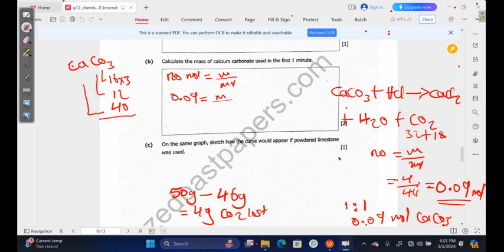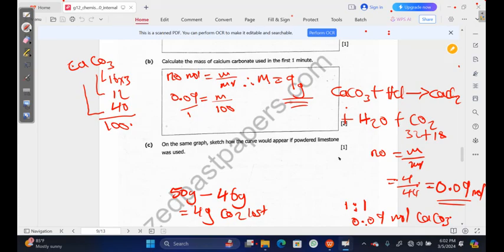So this will give us 40 plus 12 plus 16 by 3, that's 48. So 48 plus 12 plus 40. So the molecular mass of calcium carbonate is 100. So therefore, the mass will be, what is 100 multiplied by 0.09? So 9 gram. So this was the mass of calcium carbonate used up.